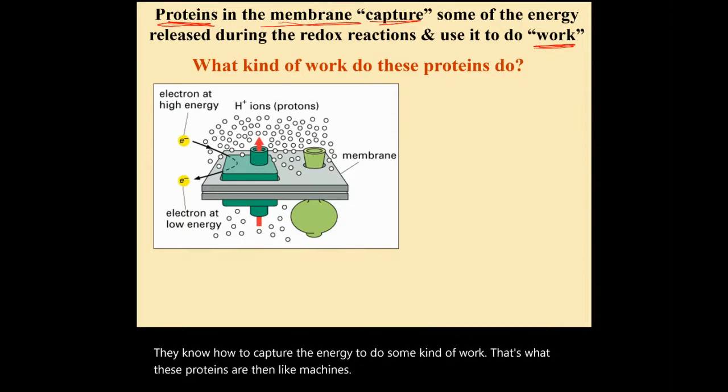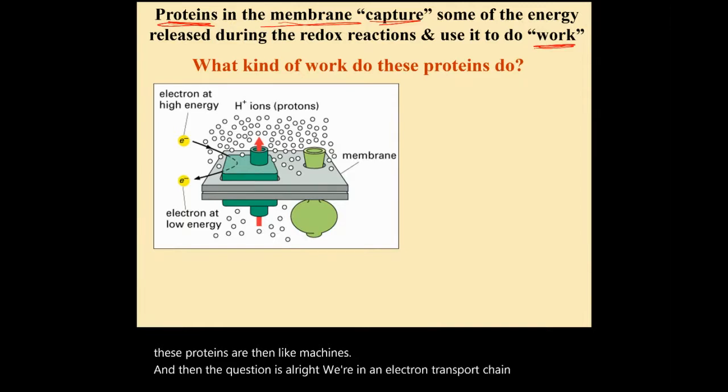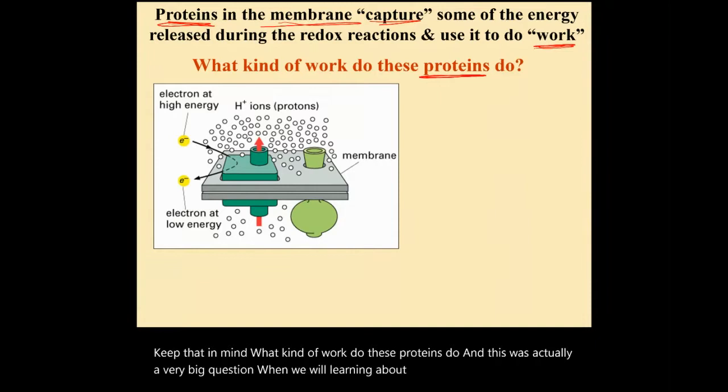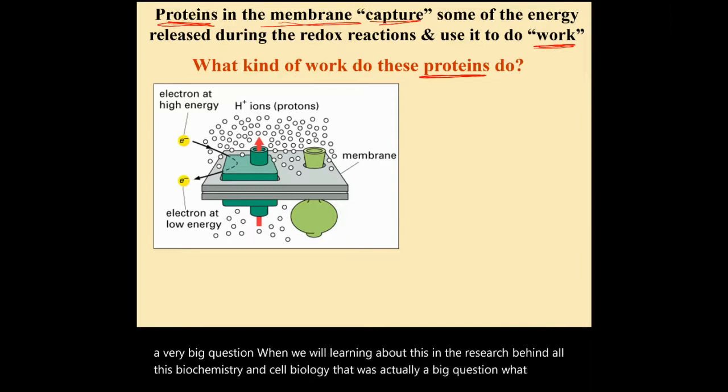And they're in an electron transport chain, so keep that in mind. What kind of work do these proteins do? This was actually a very big question when we were learning about this, in the research behind all this biochemistry and cell biology. What exactly are they doing with the energy?